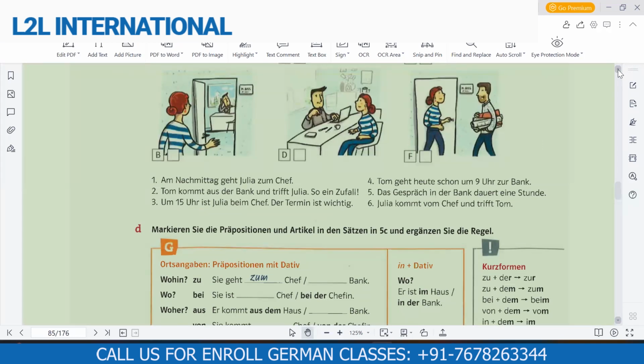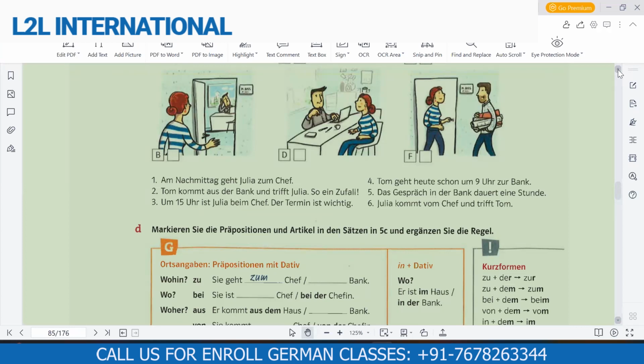Anybody else? Das Gespräch in der Bank dauert eine Stunde. Dauert means the duration. For example, if I say der Unterricht dauert 2 Stunden, matlab the duration of the Unterricht is 2 hours.